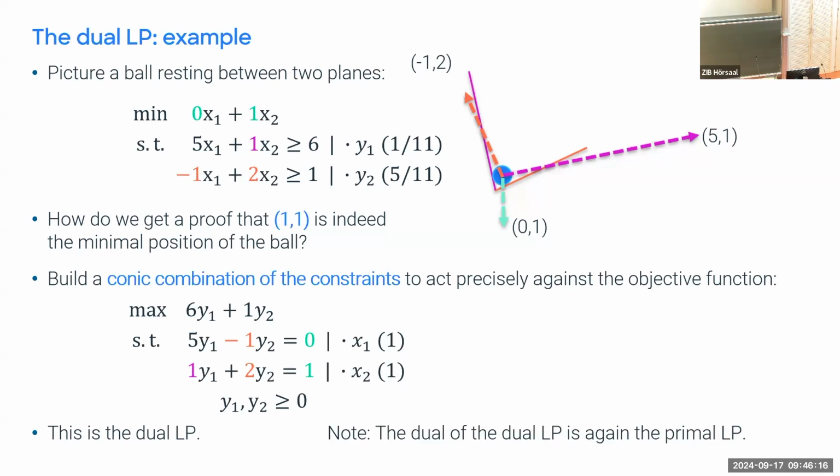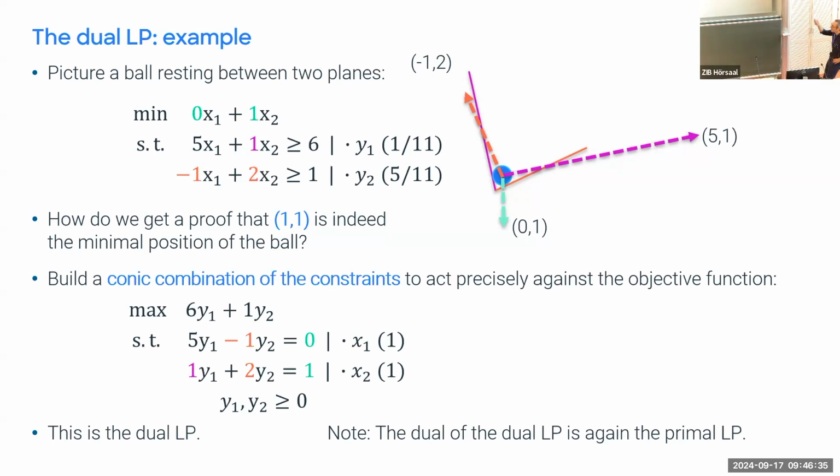This is exactly the primal position of the ball, 1 and 1. So in some sense, you see here that the primal is the dual solution of the dual problem. So dualization is very much like transposition in linear algebra.